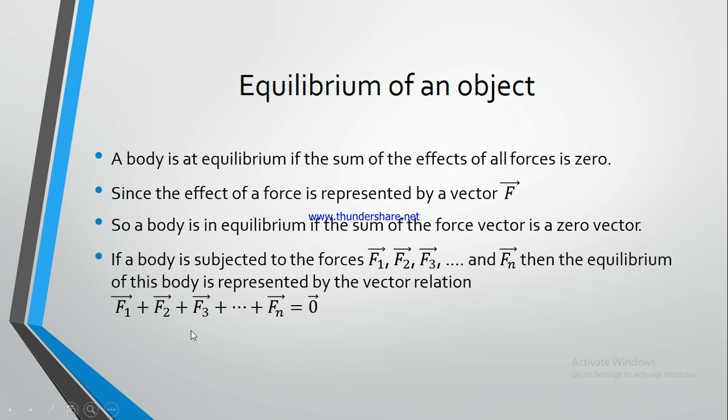So in grade 9, in many exercises, we will see only two forces, and they ask about this relationship. So we'll write the relation of two forces only on grade 9.